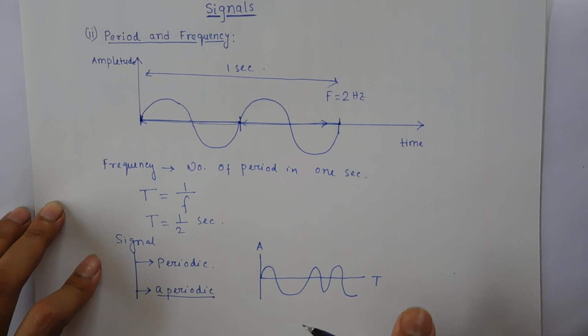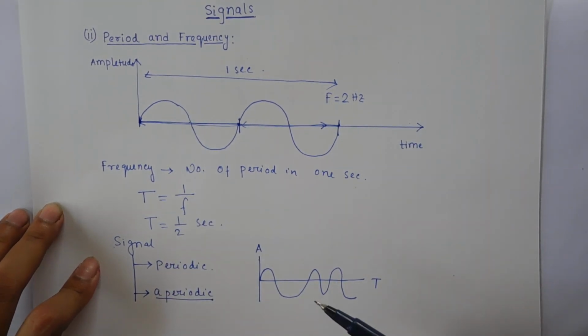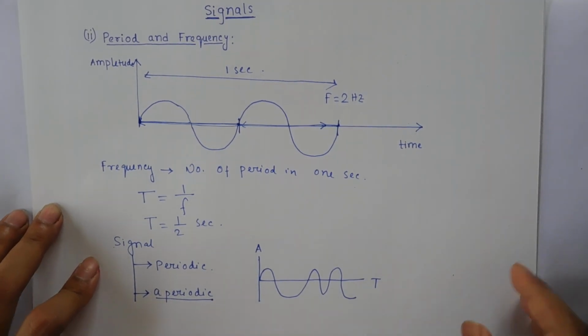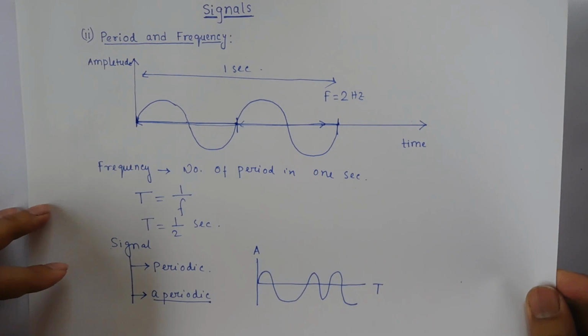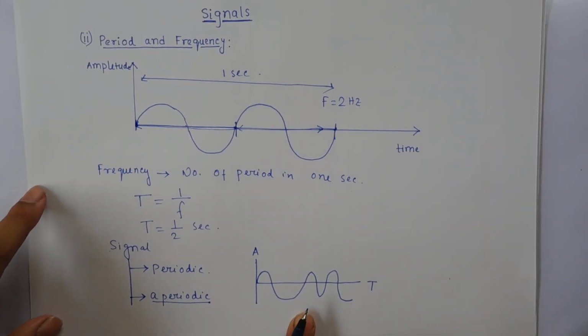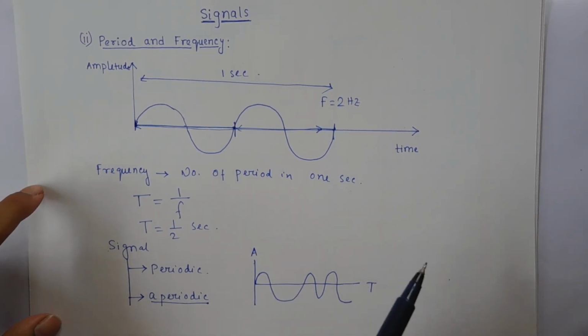So we can see the forms of periodic and aperiodic signal, and it can be either an analog or digital signal. We can also say an aperiodic signal can be decomposed into an infinite number of periodic signals.